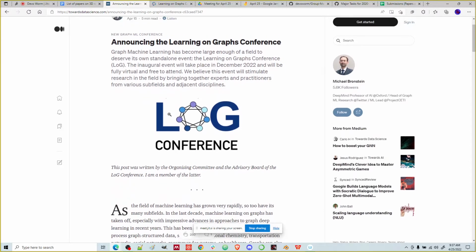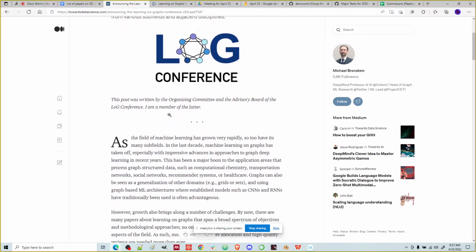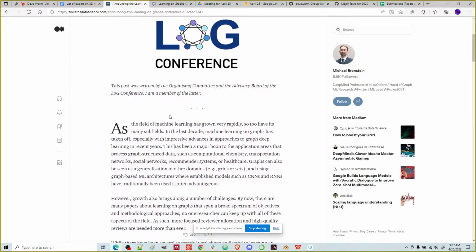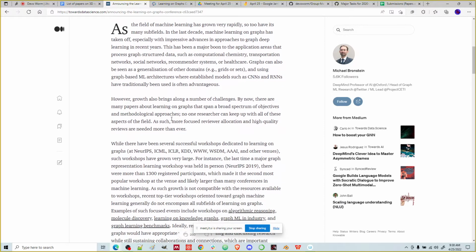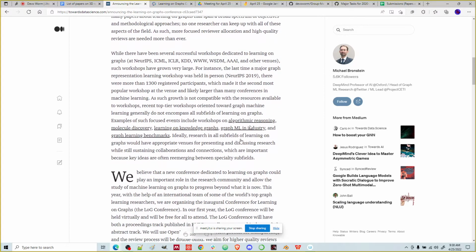And so now they're going to start a virtual conference this year. They're trying to organize it and get everything going, to kickstart this area of research as its own conference.